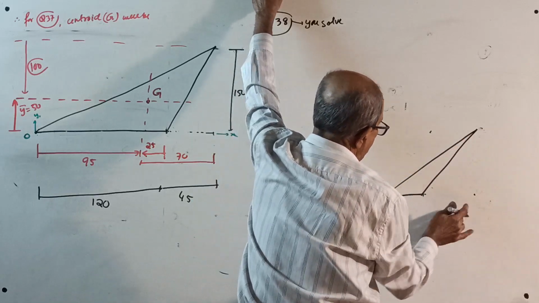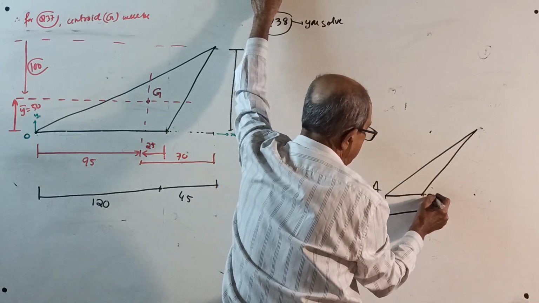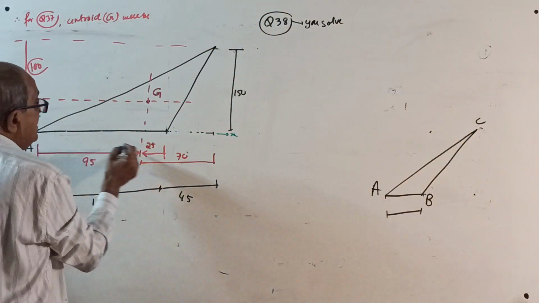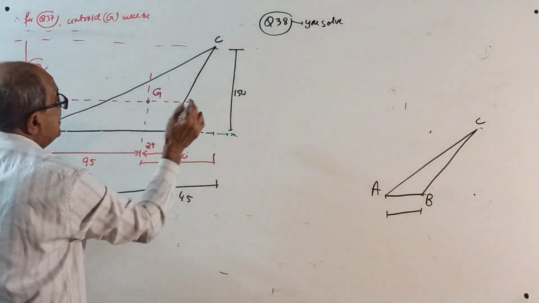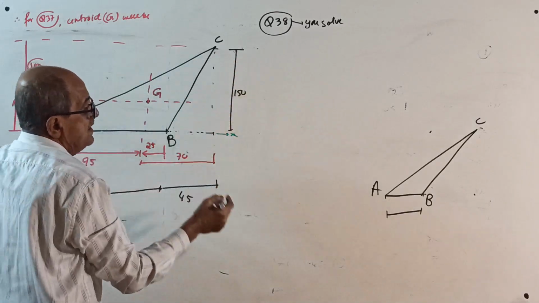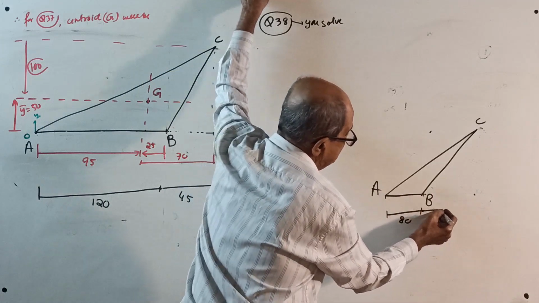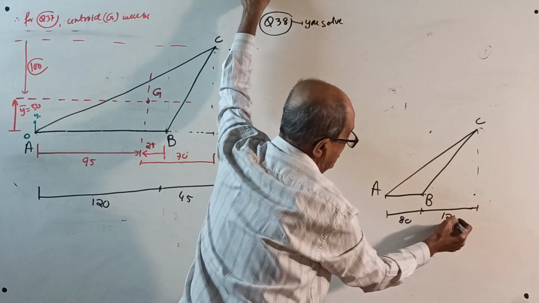This is the triangle. How is it given? This is given A, B, C. If you want here, A, this is B, this is C. Other point is not required. That D you take later. This is 80. And further this side you have to go by 125, out of scale.